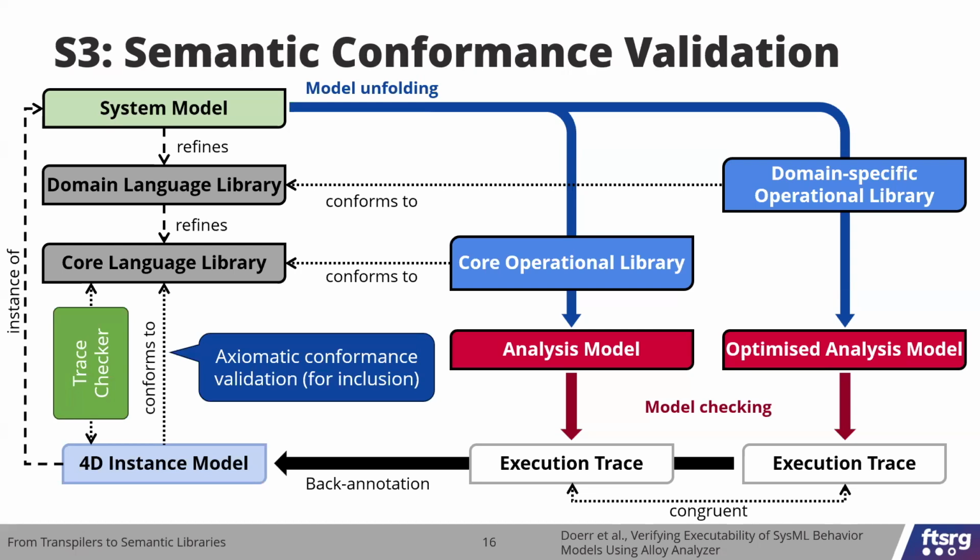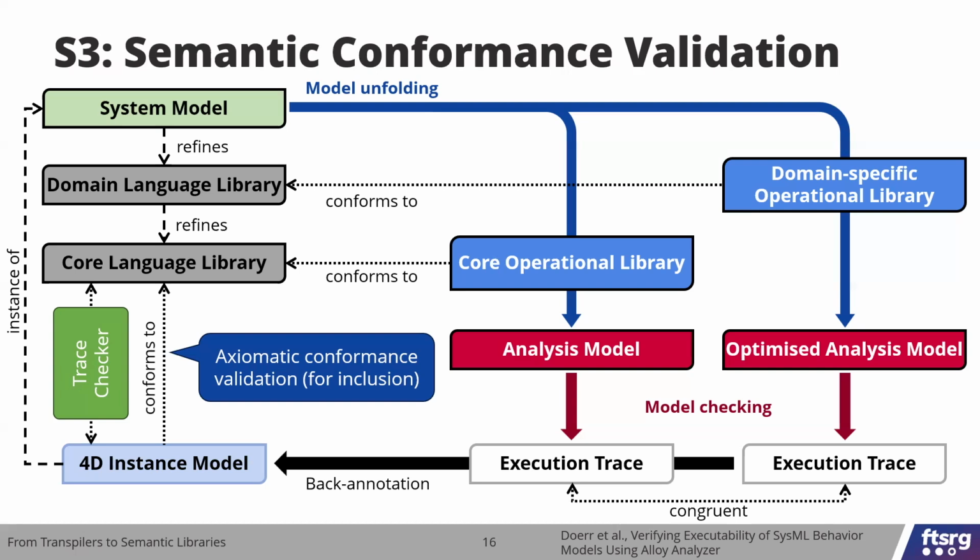And what we can do here is twofold. First, we must make sure that the back annotation works. So we can back annotate from the execution trace all the way back to the 4D spacetime instance, and then using maybe that work or some other work, check the trace equivalence between the 4D instance and the core language library.